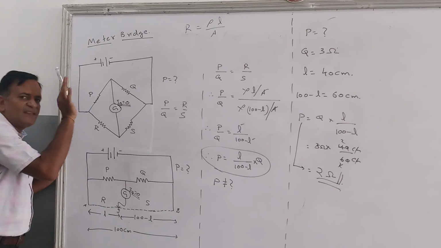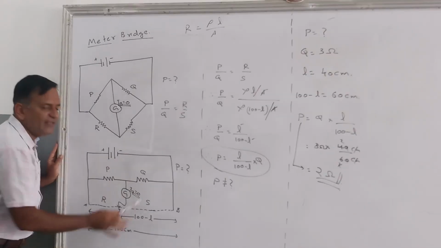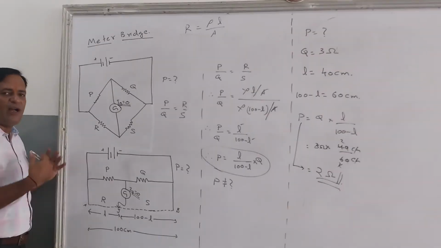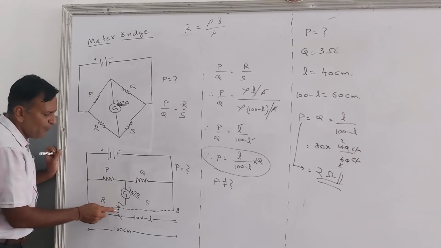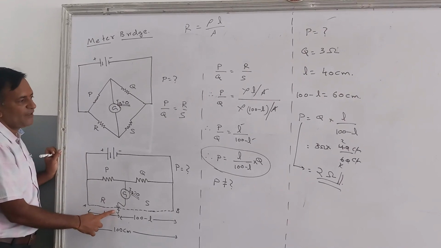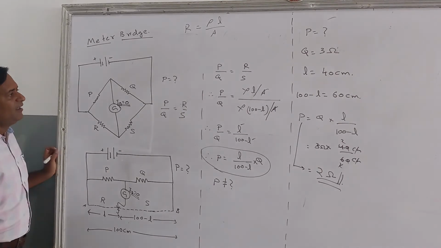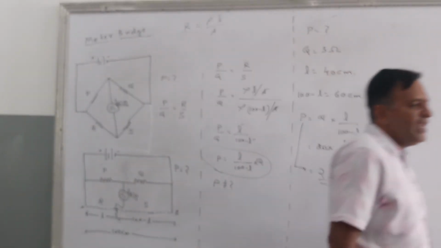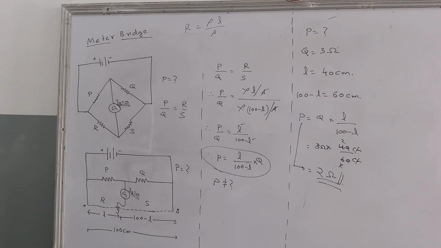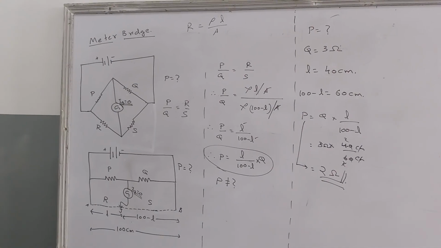It is once joined in the circuit and there is no need to change. What is to be changed? Just the position of J. So by this simple method, we can find the unknown resistance. Study this because it is important from the numerical point of view.